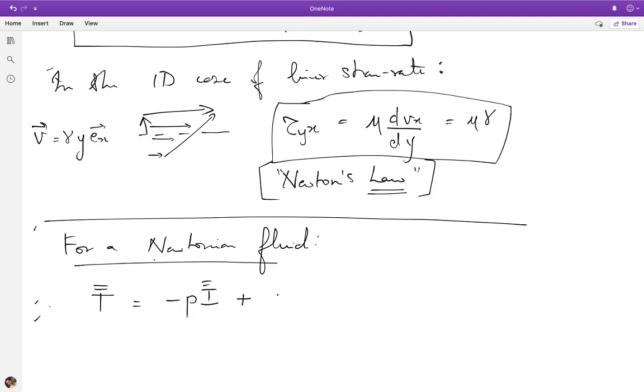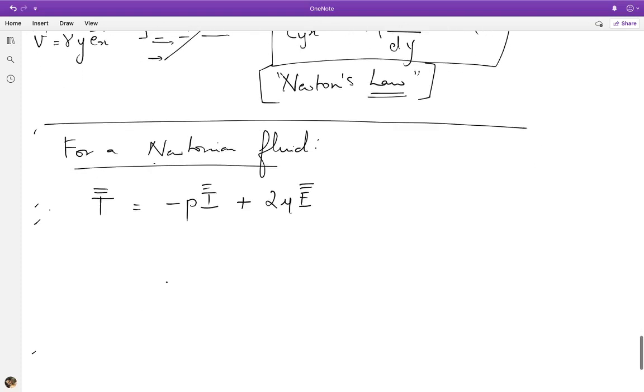Then there's the deviatoric part, which we will now rewrite as twice the viscosity times the symmetric part of the velocity gradient. Or if I write it in the other form, it's mu times grad V plus grad V transpose.